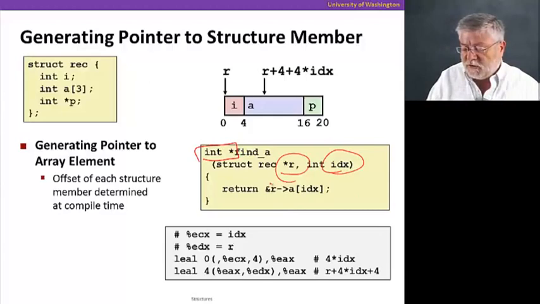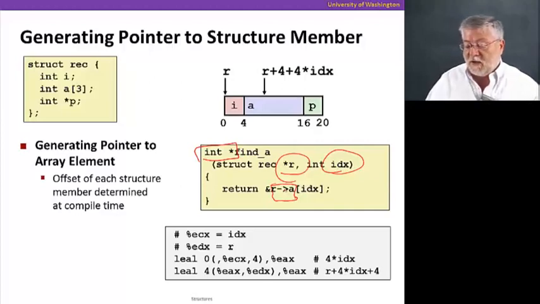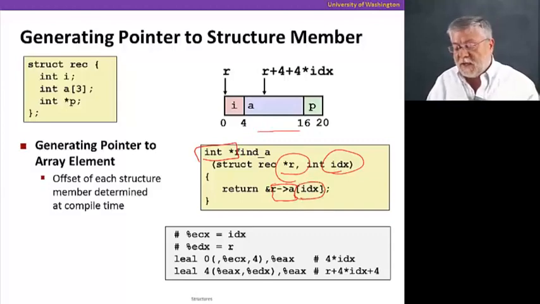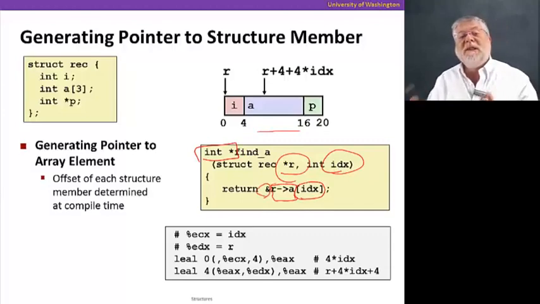Okay, so to return the pointer, what we will do is first do that r arrow a. That gets us to the starting address of the array within memory, within that struct, and then index that array by the appropriate offset. And then the ampersand says, well, I don't want the value there, I want the address of that value, and return that.